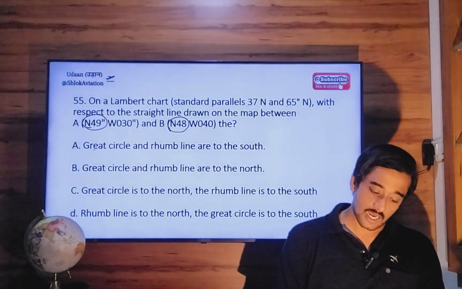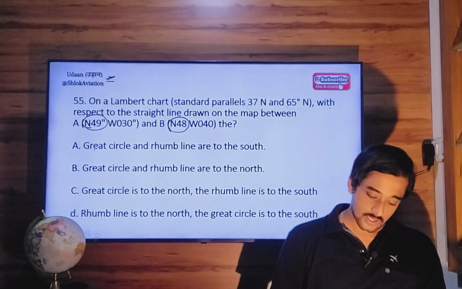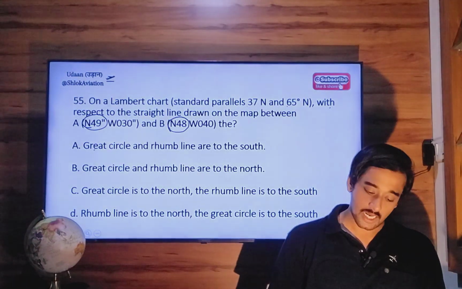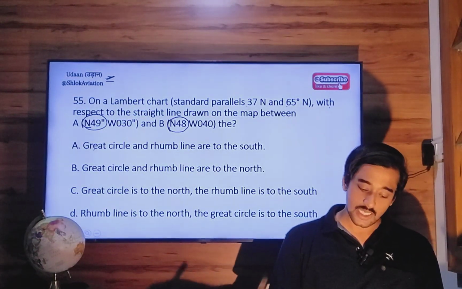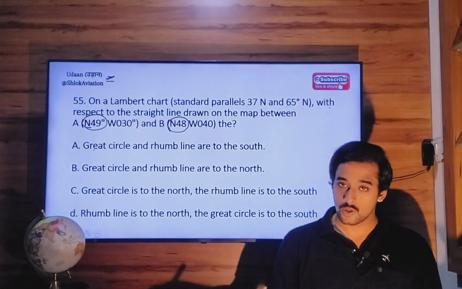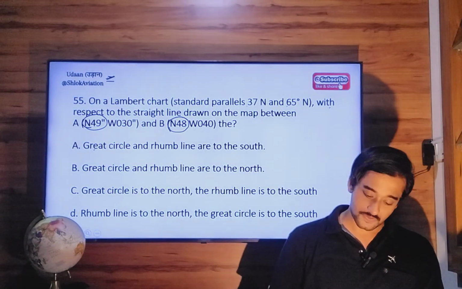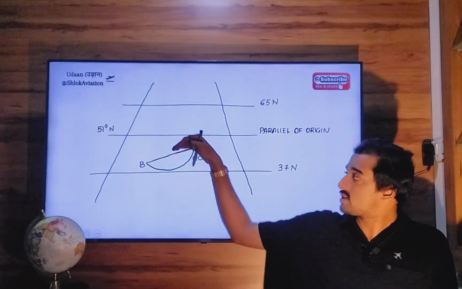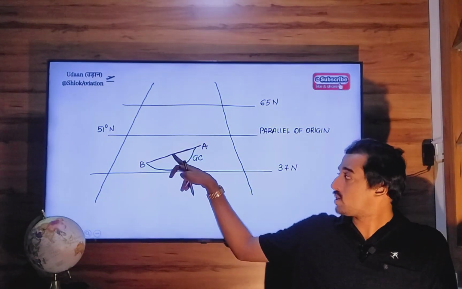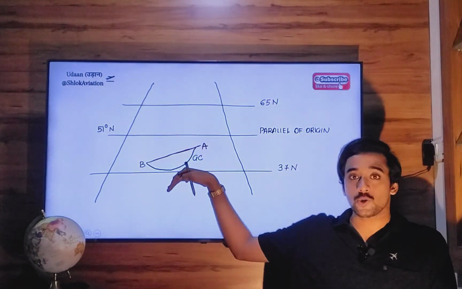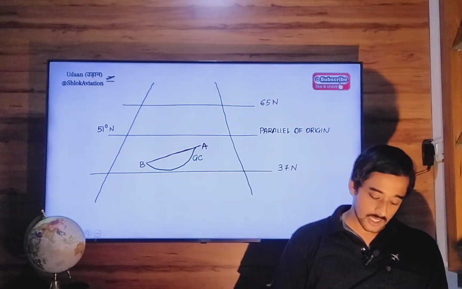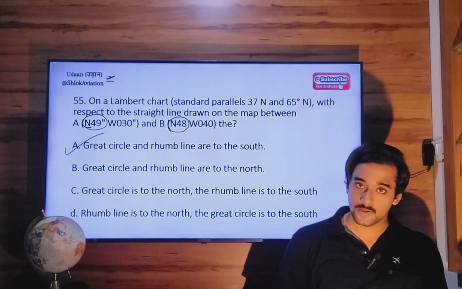So you can see this is your parallel of origin. Both rhumb line and great circle are to the south of it, are below it. So the correct answer will be option alpha.